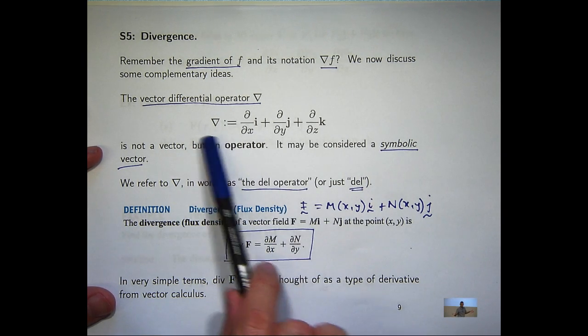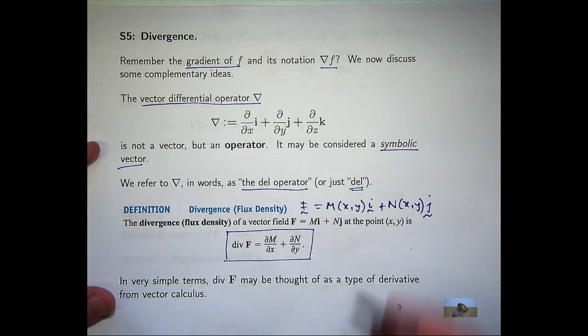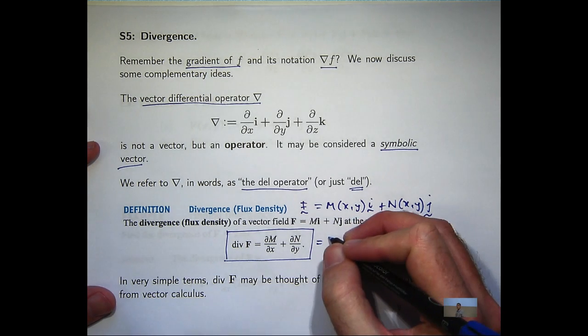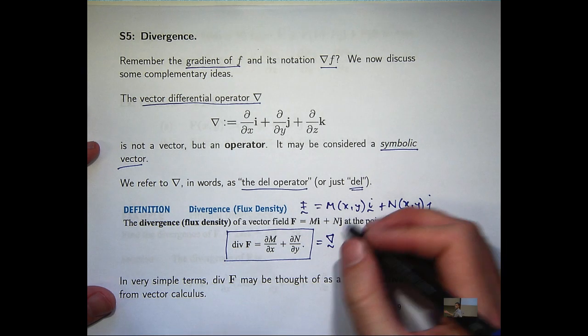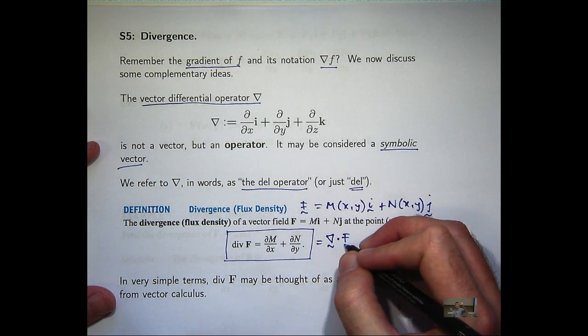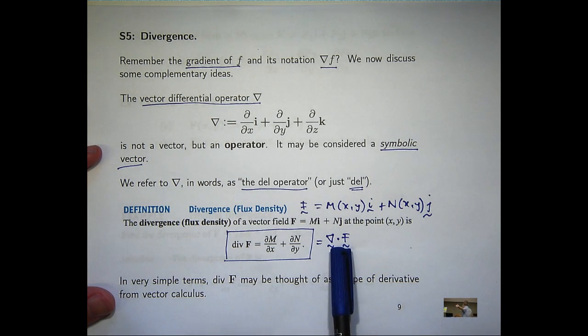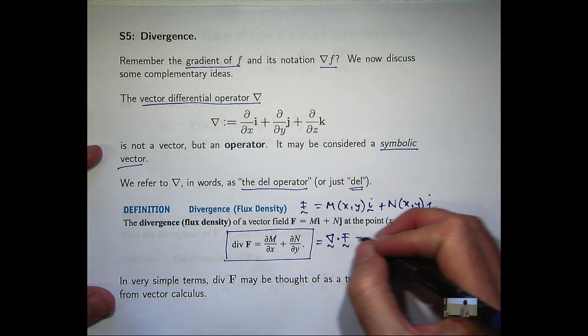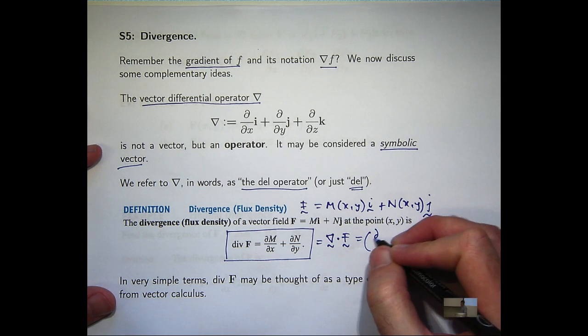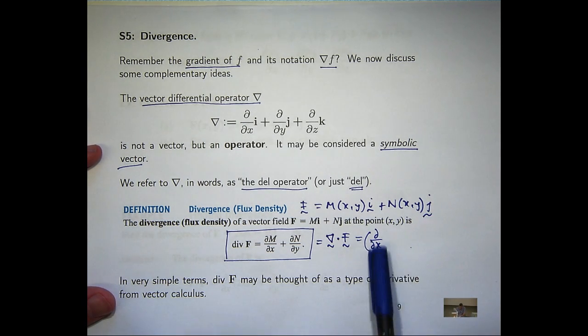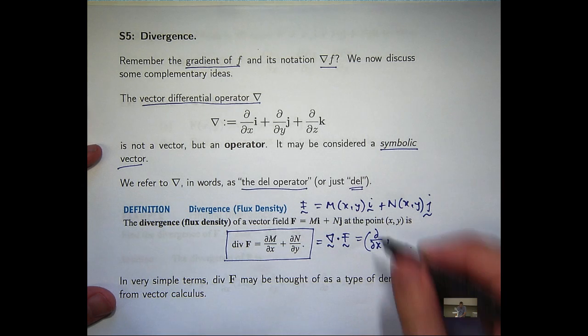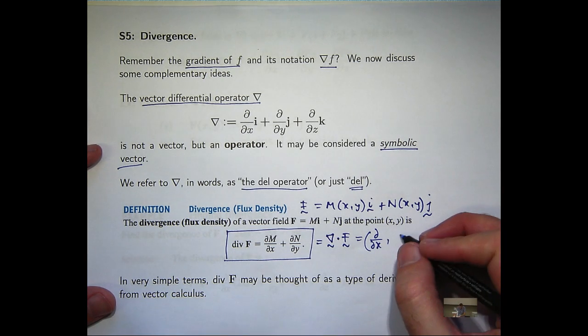Now, to write that in terms of our del operator, I can use the dot product or the scalar product. So here I've got del dotted with my vector field f. So if I just write this out, now because we're working in the plane here, my del I can just write using d dx and d dy.